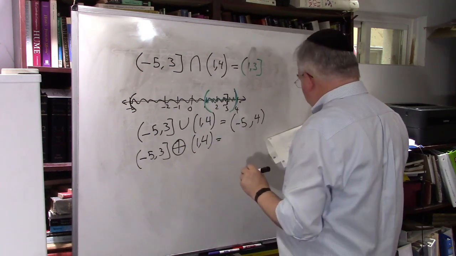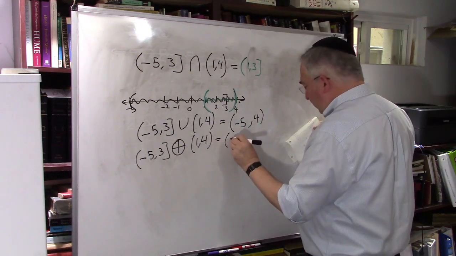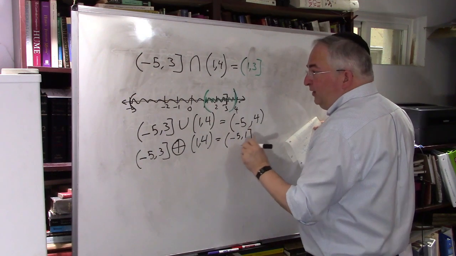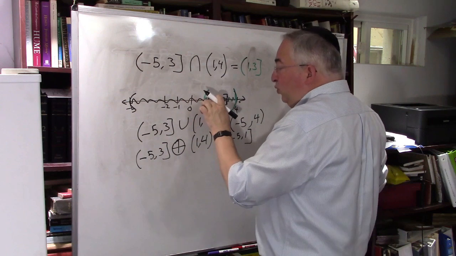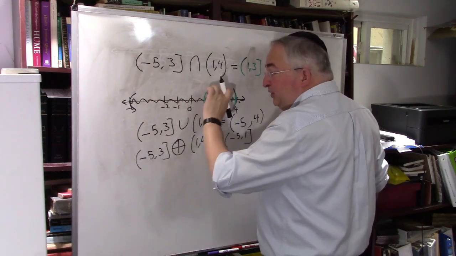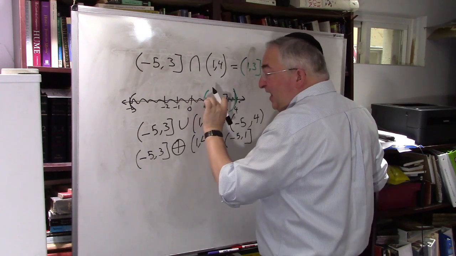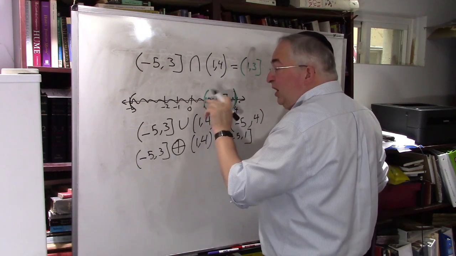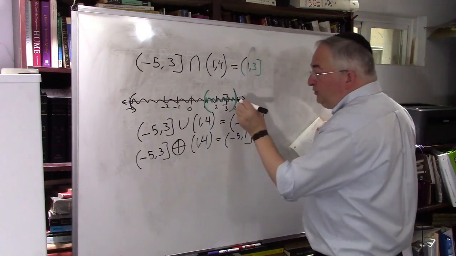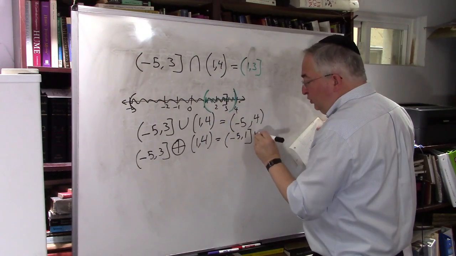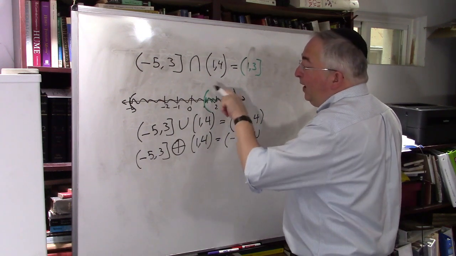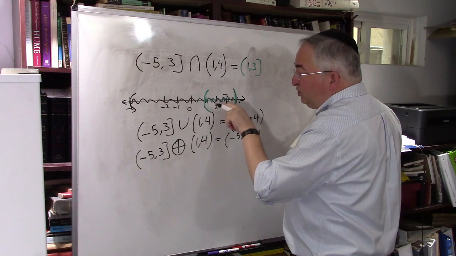So this becomes what? -5 comma 1, square bracket. From -5 till 1, 1 is colored black. It is, because this is round, it's not colored green. So 1 is colored only once, by black. But also from here to here, so union, now let's look. 3 is colored by black, because this is a square bracket.